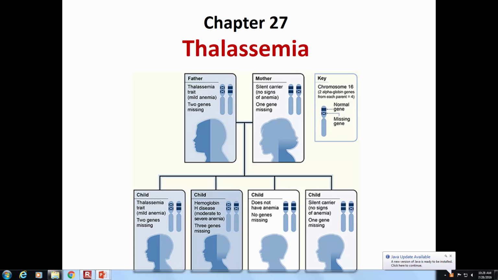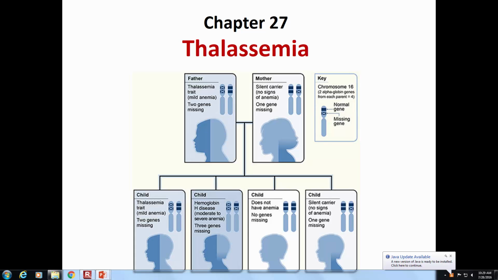It's not going to be as bad as this one, but it's going to be worse than this one. This doesn't have any symptoms. This one is going to have severe symptoms. This is all depending on what this mutation is. Is this mutation going to reduce the efficiency by 80% or by 60% or by 40%? And that's going to determine what kind of symptoms you're going to get out of it.